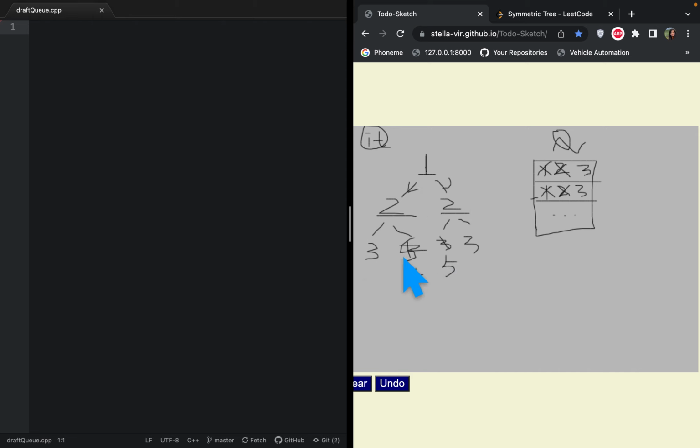When it's 3, it's symmetric, we just pop it out. But when it comes to this one, this 4 is the right node of this left node 2, and this 5 is the left node of this right node of 2. So we evaluate this 2, we put 4 and 5 in here. They are not equal. So these are our stopping case.